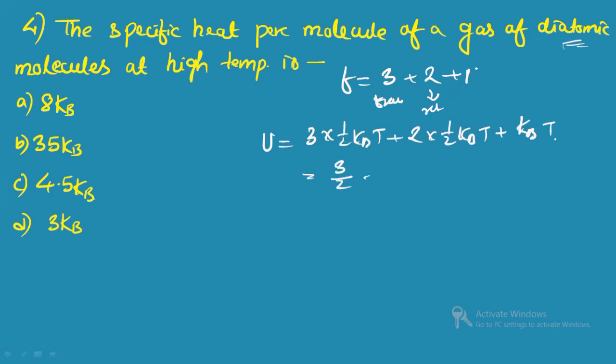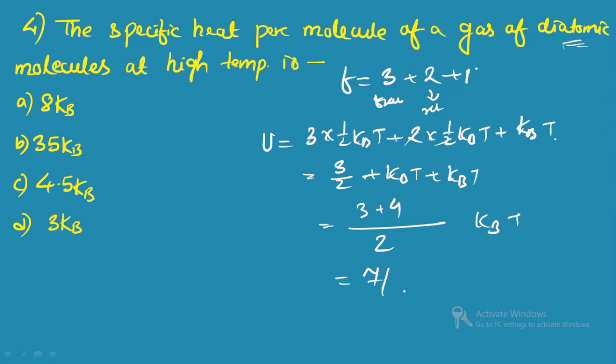So this will be 3 by 2 kBT; the 2 and 2 get cancelled, so it is kBT plus kBT plus kBT, which is 7 by 2 kBT.